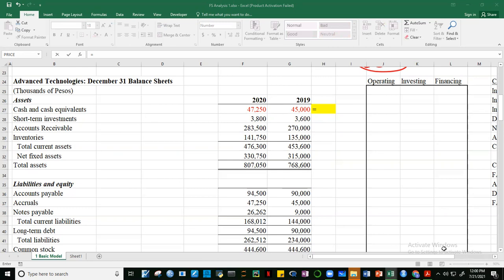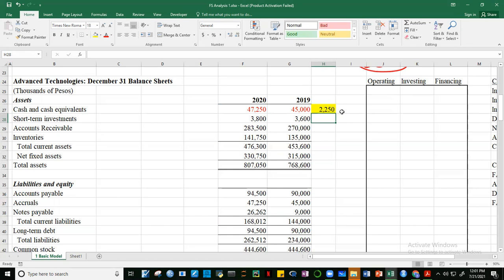Thank you, Elijah, Eliza, Julian, you're correct. Nag-increase siya. By how much? It increased by, yes, correct, 2,250, no? You're correct. Julian, Eliza, thank you. So it increased by 2,250. So we just get the difference, 2,250.